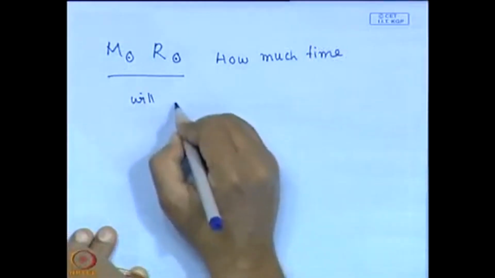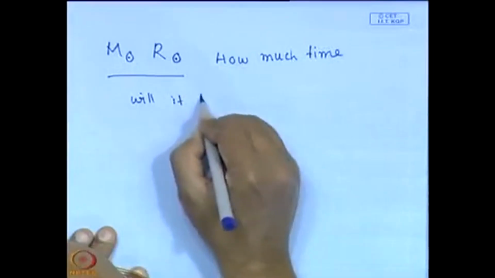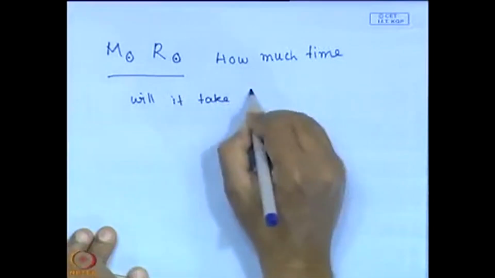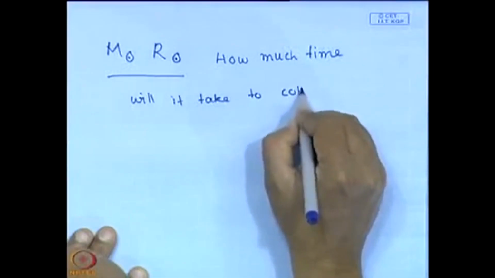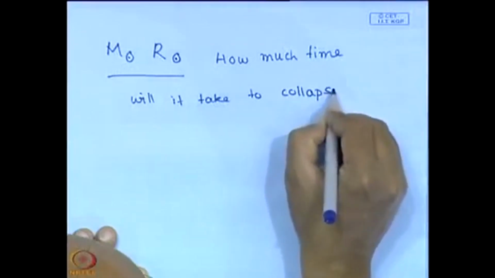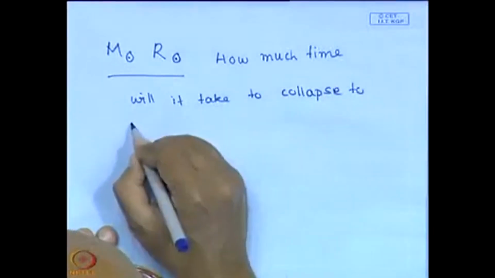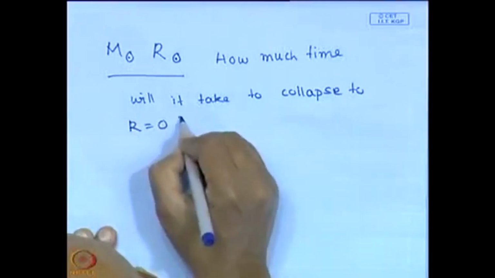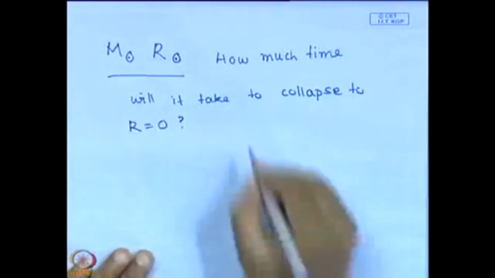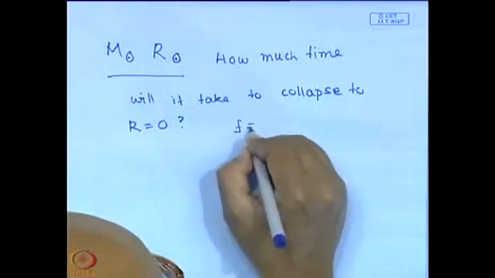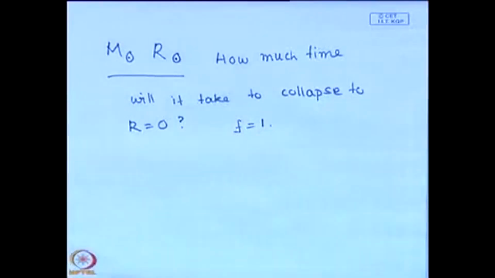In this model, how much time will it take to collapse to r equal to 0, assuming f equal to 1. Okay. When you do this, you will find that this is a ridiculously small time.